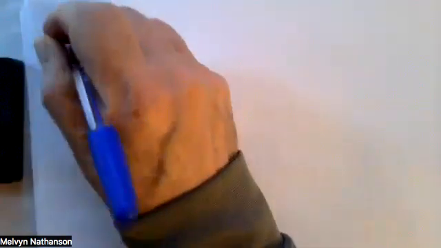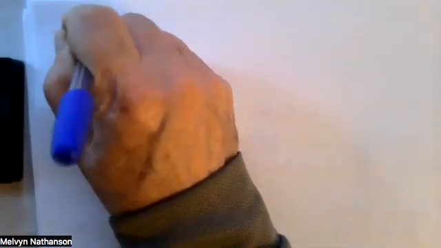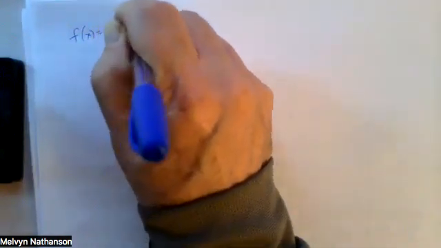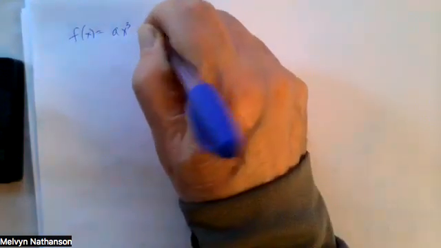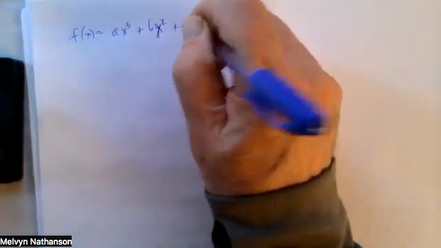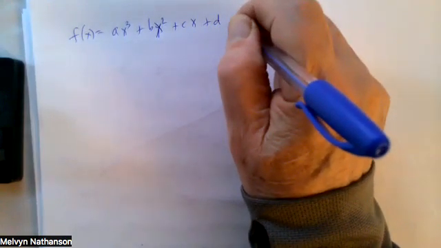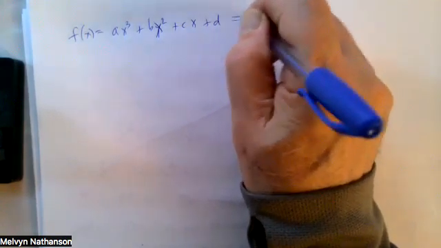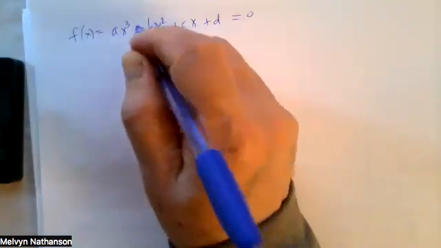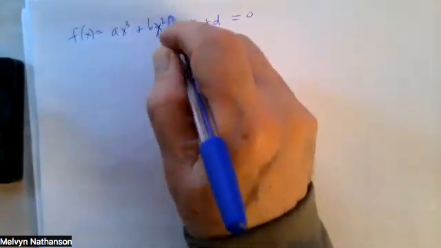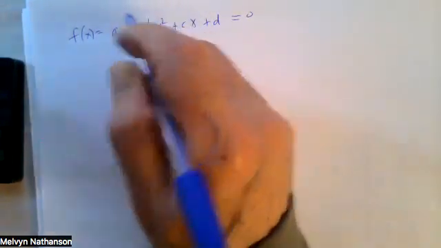So let's start again. If we have the general cubic, f of x equal ax cubed plus bx squared plus cx plus d, and I want to solve this equal to 0, what can I substitute for x to eliminate the quadratic term?